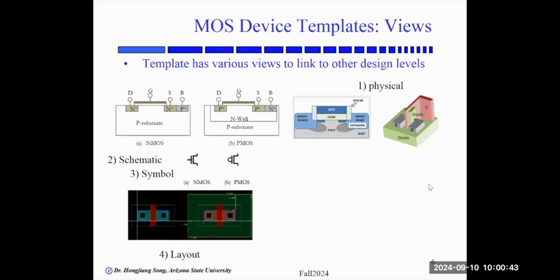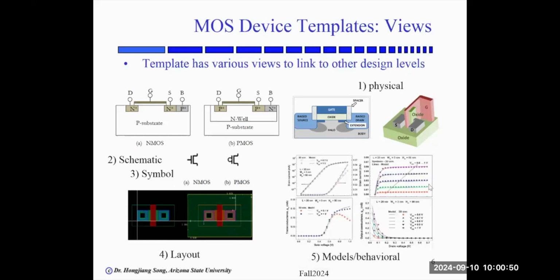That means this is linked to the manufacturer side. Also, we have a model or behavior view. These are the average curves for each template that will be stored in the computer for simulation, in the CAD tools. So we need this in the background for simulation. Based on the need, you can also add more views to the list.